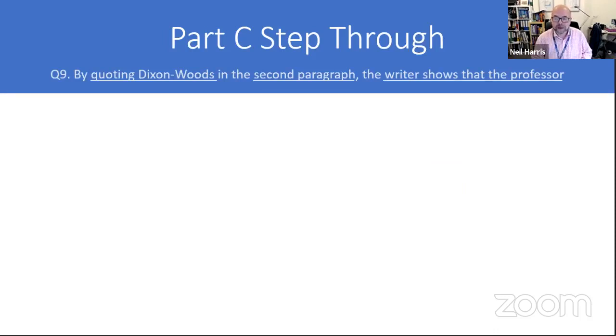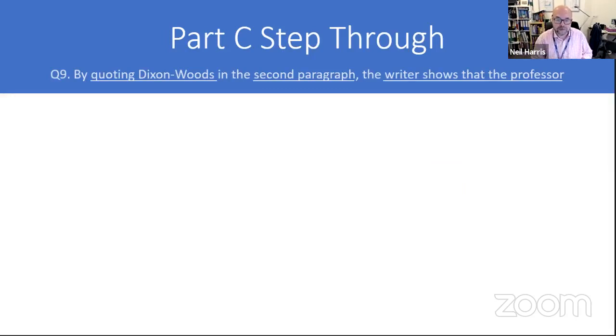Okay, so I'm just bringing up on screen in just one second the points that I've underlined. And what I'd like to say at this point is, in the question stem, when you're underlining, probably what you're looking for is 3, 4, or even 5 separate points. For this question, question 9, I think we're looking for 4 points. Quoting. So this is something that Dixon Woods has said. We're probably looking for something in speech marks in the text.